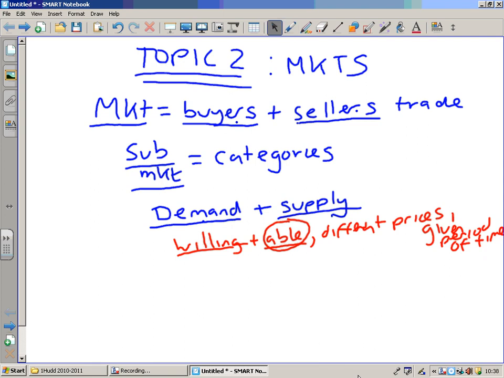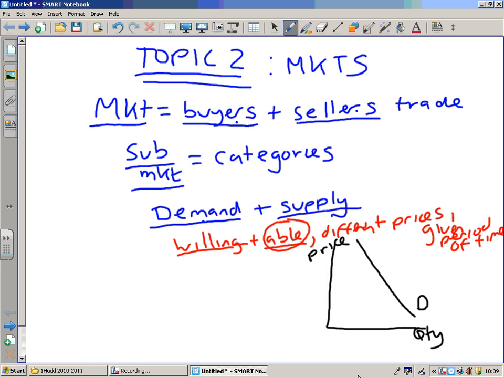Now let's think about how we can show this on a graph. What I'm going to start building up here is a demand and supply diagram. Vertical axis, we have price. Horizontal axis, we have quantity. Let's look first of all at a demand line, which we'll label with a D. So what this shows is as price falls, demand for a product will increase.